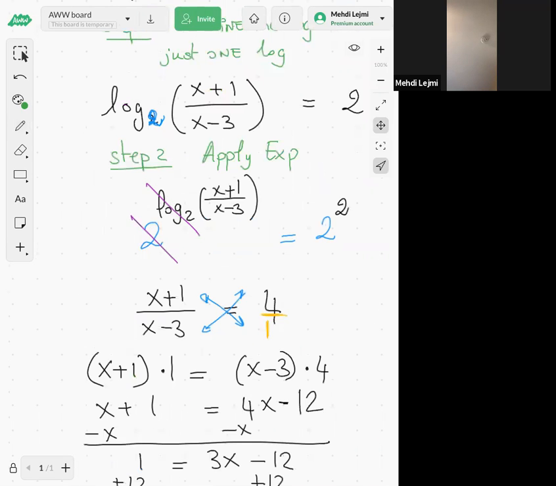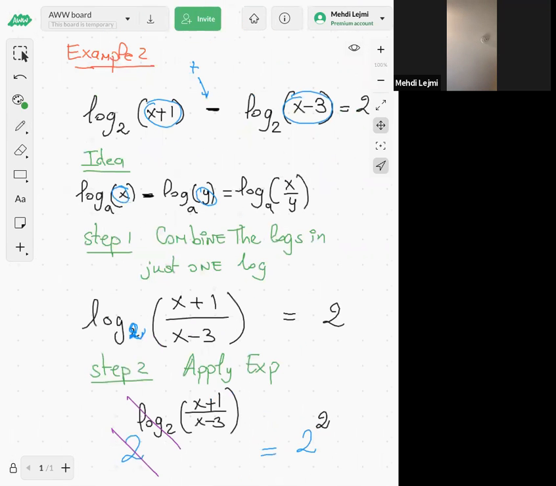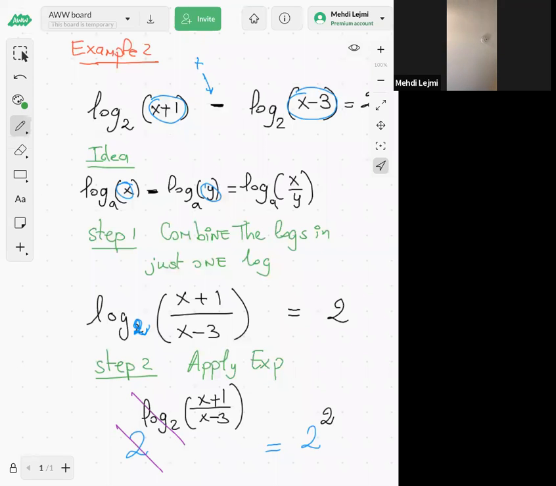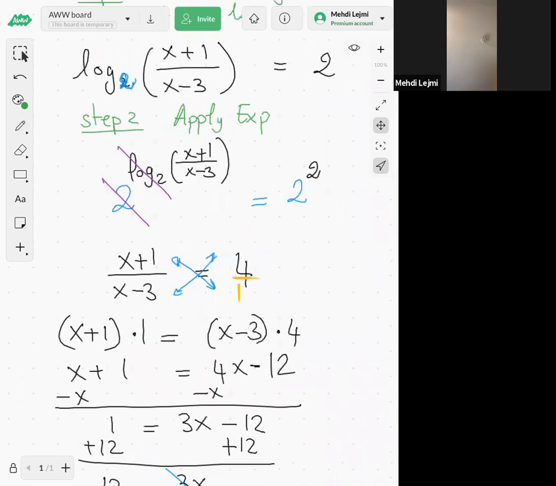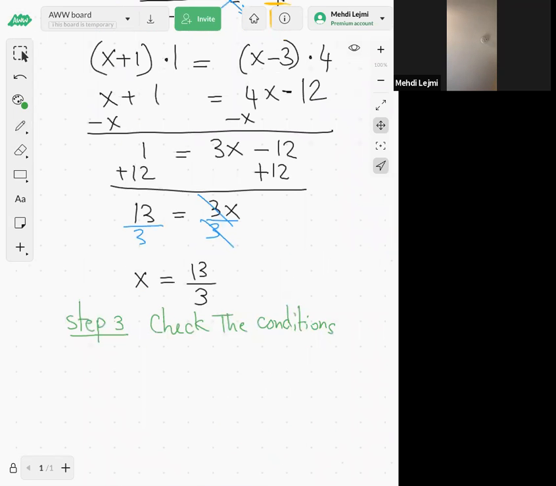I have, in the original equation, this log of x plus 1. So I need to make sure that this x plus 1 is positive, and I need to make sure that the x minus 3 is positive. So to check the conditions, the condition is that x plus 1 and x minus 3 are positive.